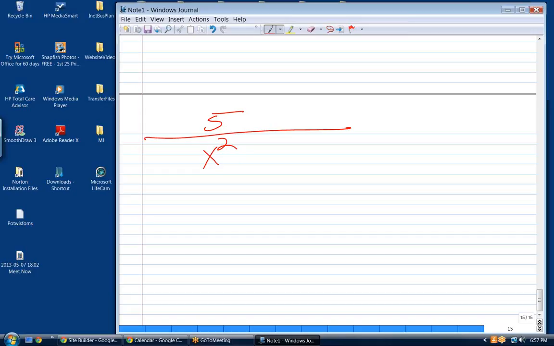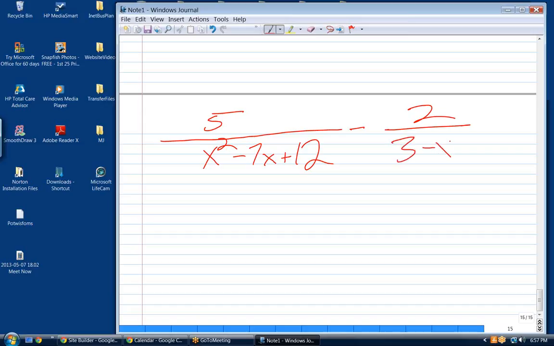So the way I would verbalize that would be 5 over the quantity x squared minus 7x plus 12. Because from listening to it, I couldn't tell whether this minus 7x plus 12 goes over here all by itself or it went with the denominator. Okay. What else? Minus 2 over 3 minus x equals 5 over x minus 4.